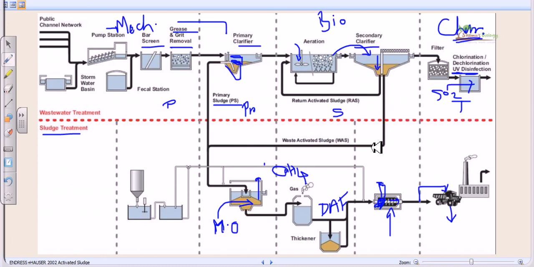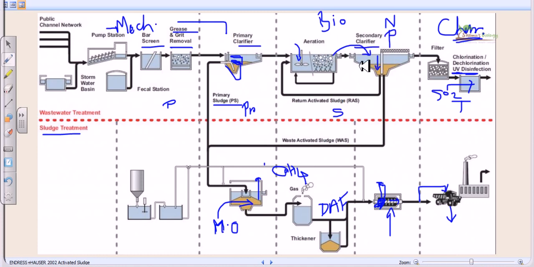Also, in the chemical treatment sometimes aluminum chloride and this type of salts are used to settle down some of the solid particles or some of the phosphorus particles which are still in the water. But most of the nitrogenous compounds and phosphorus particles are gone right after the secondary treatment.